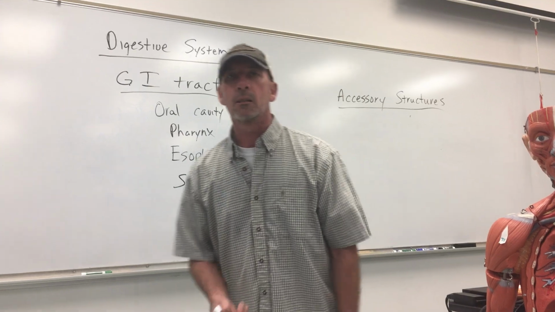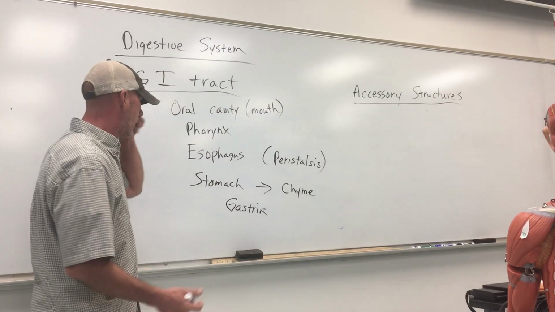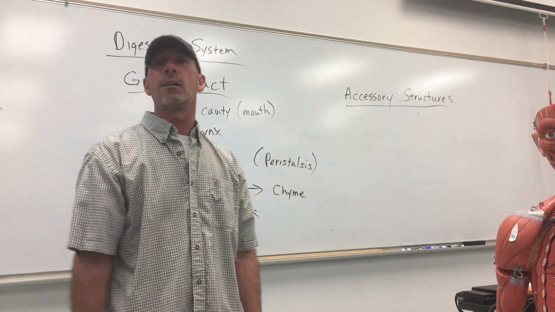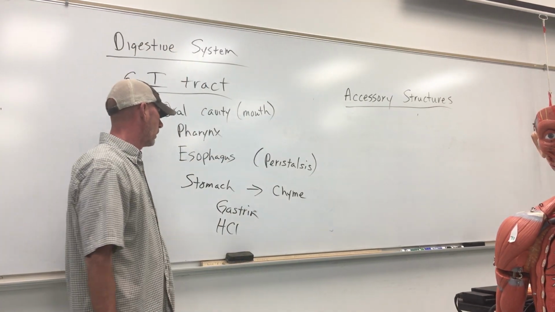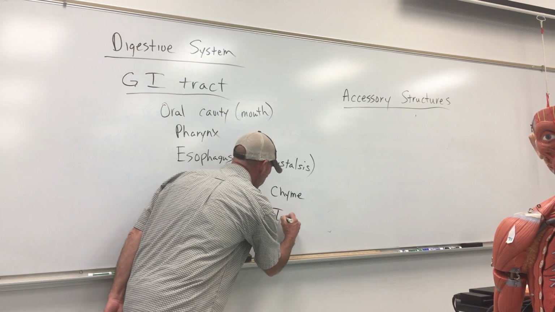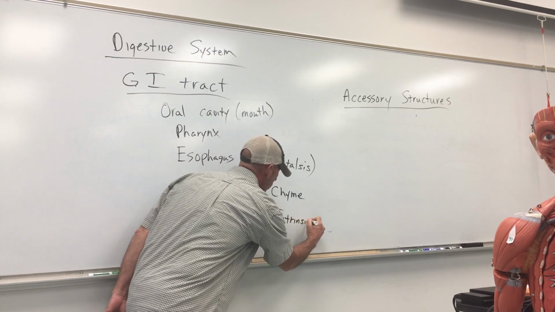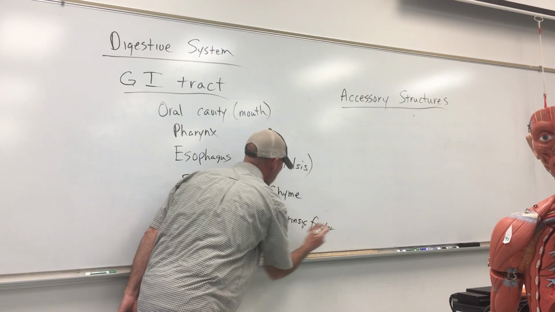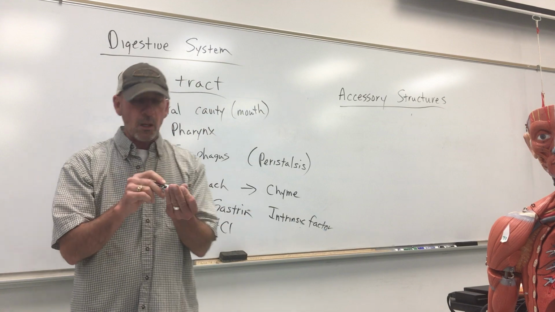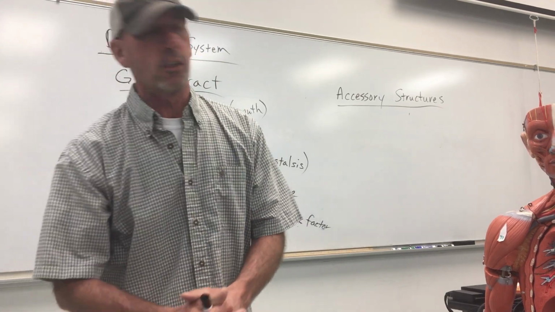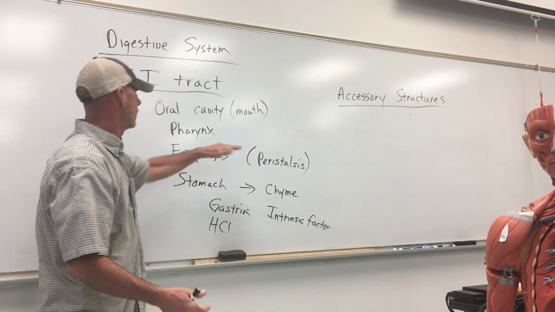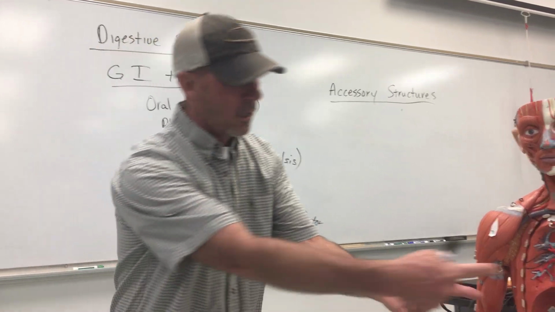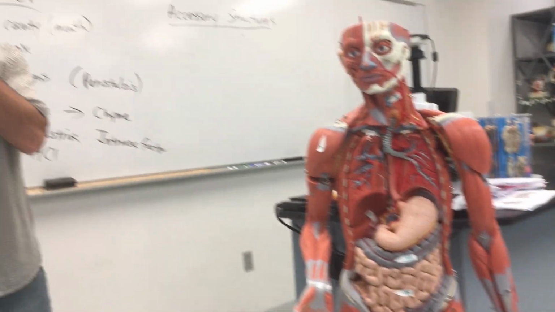Some of the other things that the stomach secretes besides gastrin: I already mentioned hydrochloric acid, I forgot to write it down, so make sure you know that's a secretion from the stomach. Another very important material is known as intrinsic factor. Intrinsic factor is the only life-essential function of the stomach. In other words, we could cut the end of the esophagus and splice it together with the beginning of the small intestine, completely bypassing the stomach.